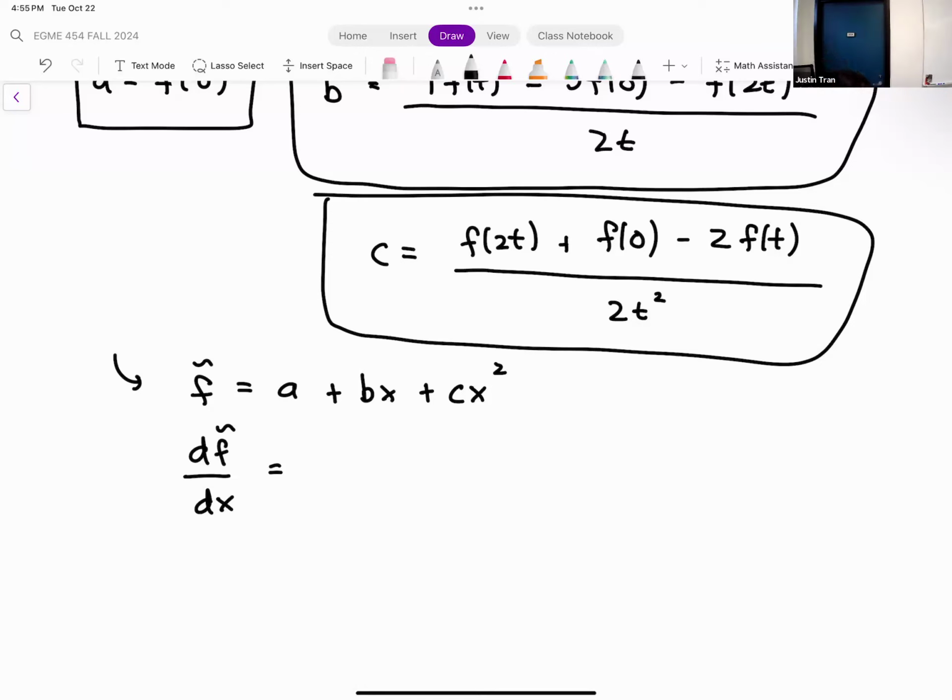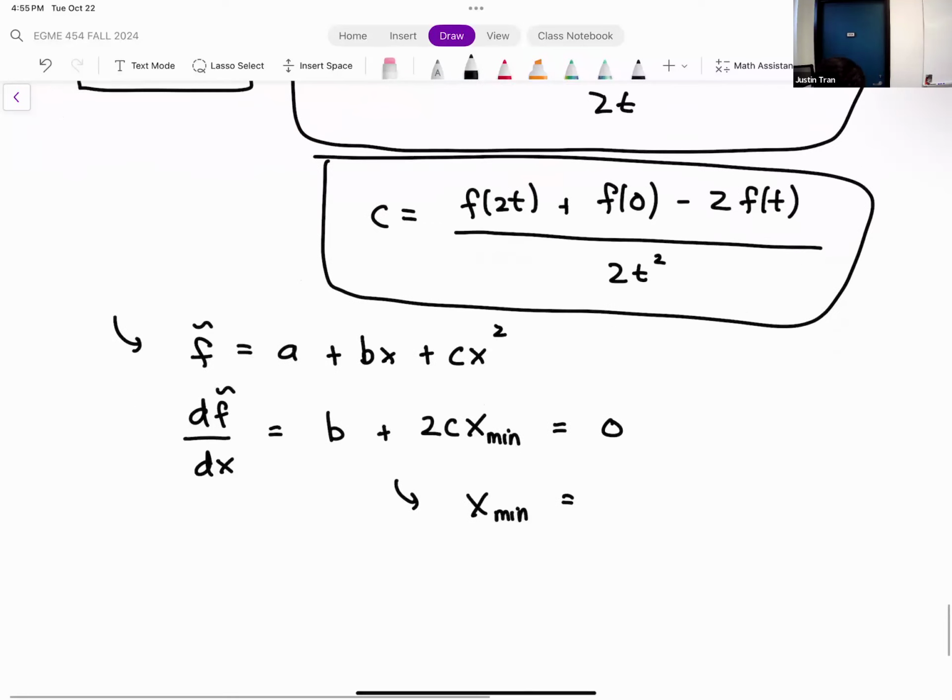We take the derivative, we get b plus 2c x min in this case. We set this equal to 0 and solve for x min, and we get x min equals minus b over 2c.